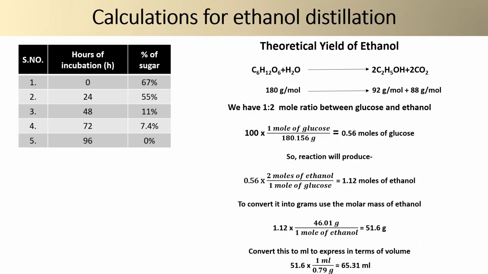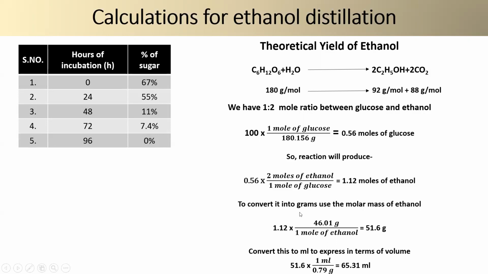Now, you have to notice that there is a 1:2 ratio between glucose and ethanol. So first we need to convert the mass of glucose to moles using the compound's molar mass. Here I am considering that 100 grams of glucose is being utilized for the production of ethanol. So 100 grams of glucose means we got 0.56 moles of glucose. So considering the 1:2 ratio, we got 1.12 moles of ethanol.